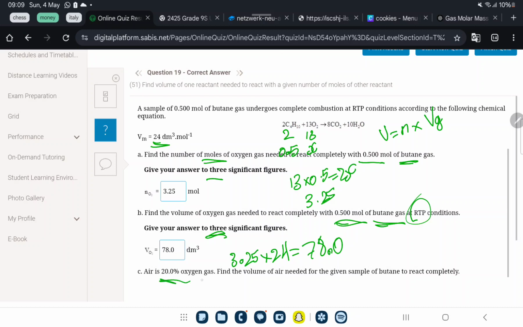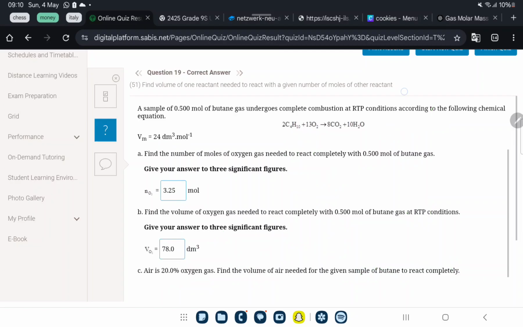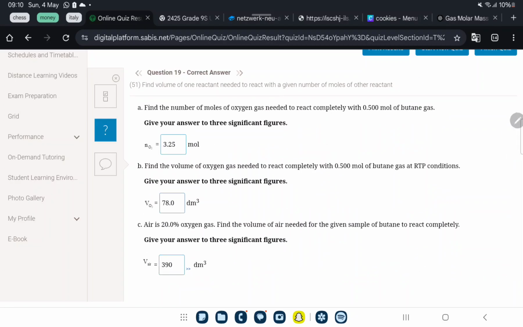Now air is 20% oxygen gas. They want the volume of air needed for the sample of butane gas. Here they're talking about the 0.5 moles of butane gas. Now 5 VO2 equals V air. Air is 20% oxygen.